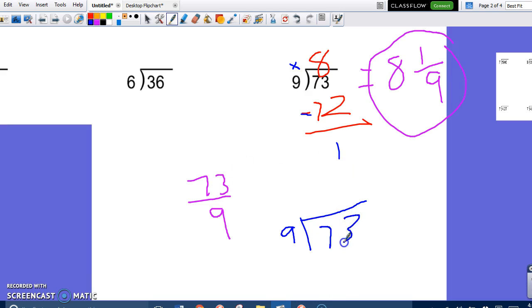Some of you struggle with the division part and get lost and start answering wrong. That's why I went back and reviewed dividing skills on Friday, because you're going to end up with the same thing. 8, 72, and 1. Okay? That's a 1.